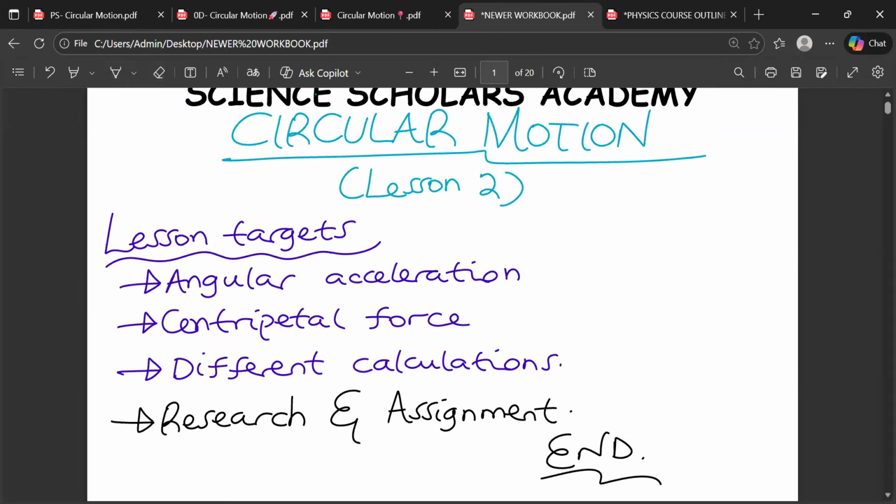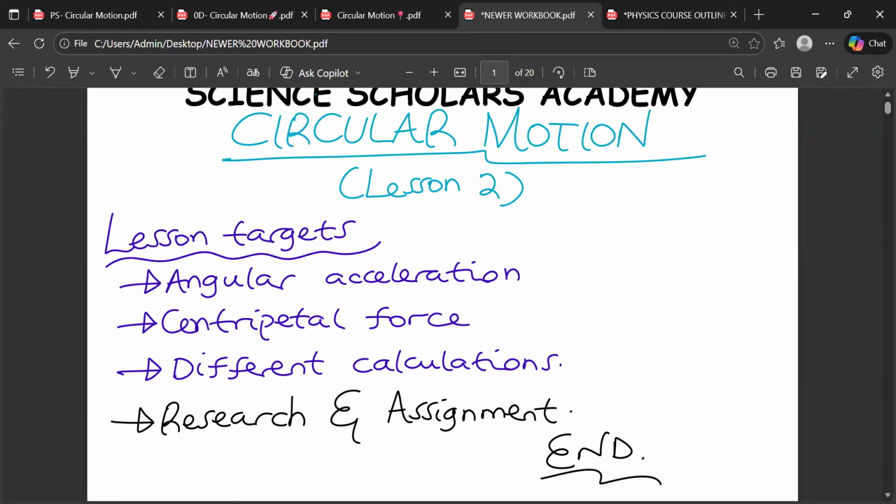Okay, now to begin with, you all know that when we are talking of velocity, I remember teaching you in linear motion the first lesson that acceleration alone is the rate of change of velocity. And as we are talking about velocity in our lesson 1 of circular motion, we talked of the linear speed, which is uniform or constant throughout the circular motion.